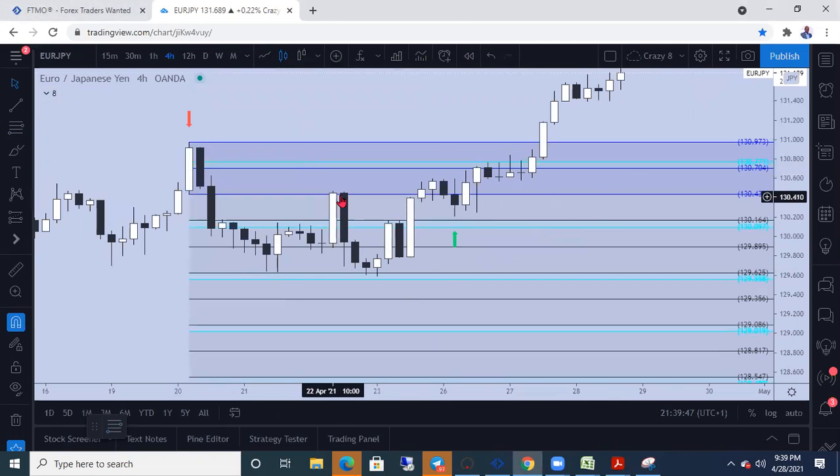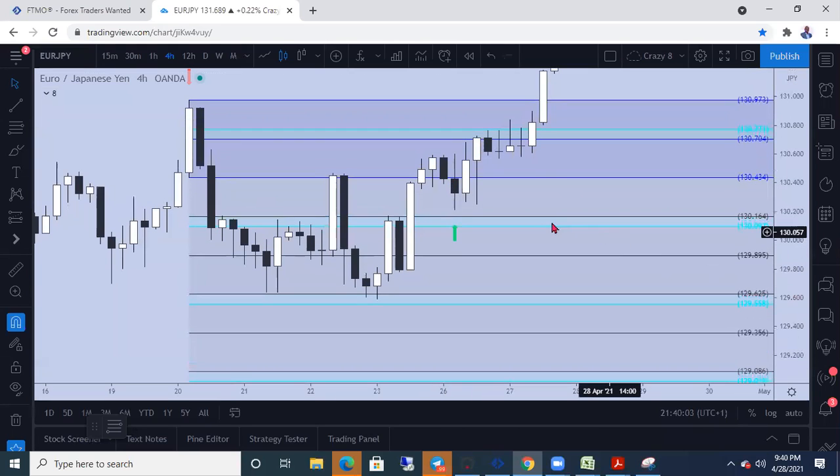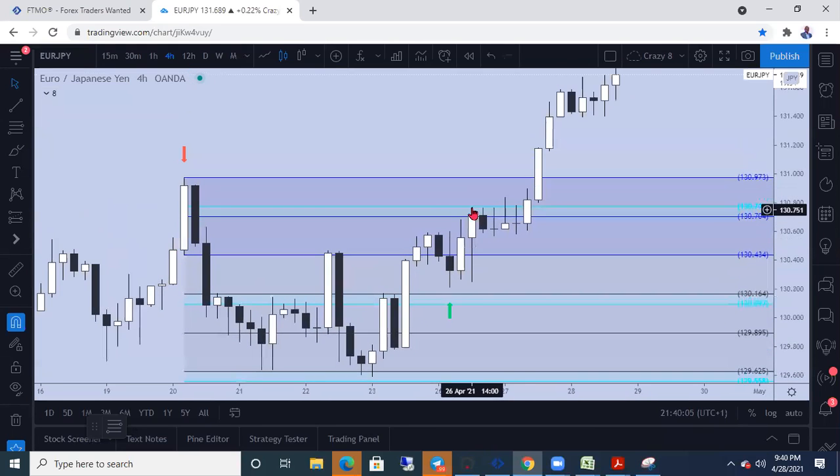Notice how you would have caught that trade. If you know how to trade price action itself, you'd have caught that trade straight down and taken your profit and left. Price came back into that zone, pushed back into our preferred entry, and as it pushed into the preferred entry, it gave us a bullish H4.